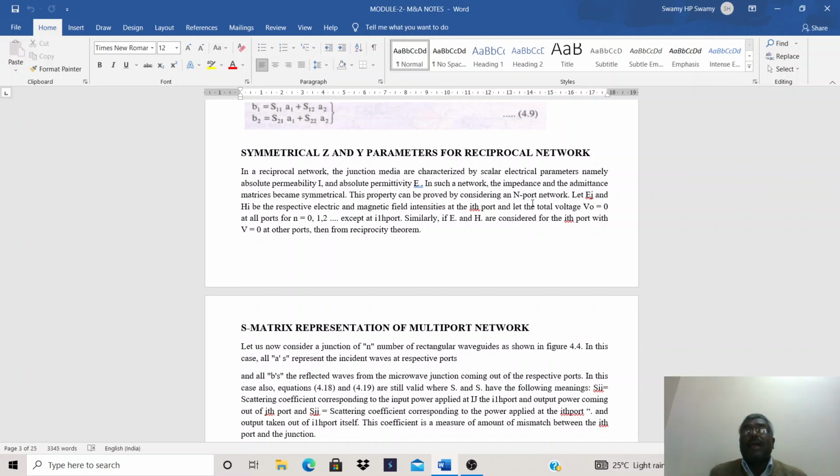Similarly, if E and H are considered for the j-th port with V equal to 0 at other ports, then the reciprocity theorem exists.